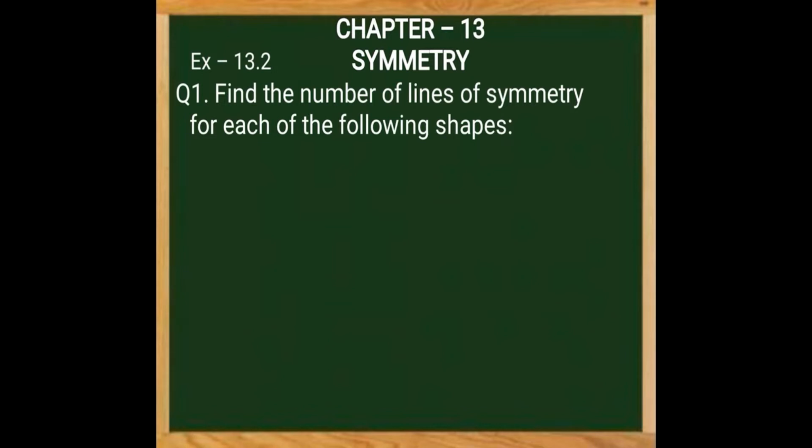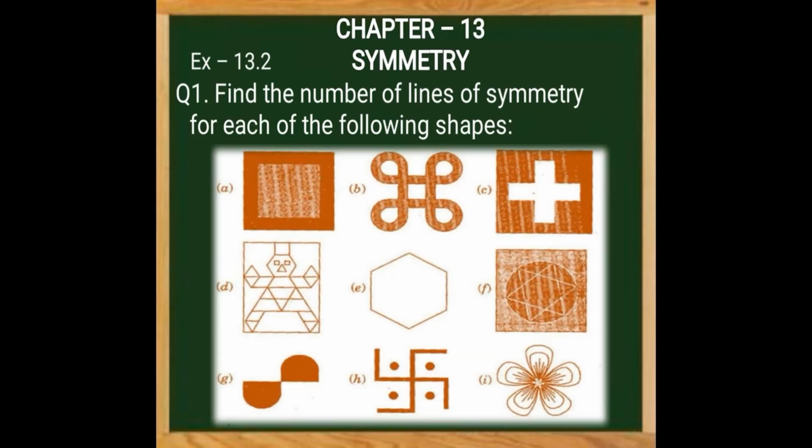Let us check what the shapes are. So there are parts A, B, C, D, E, F, G, H and I in this question. We need to deal with separate parts separately.